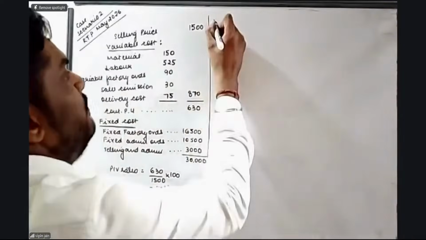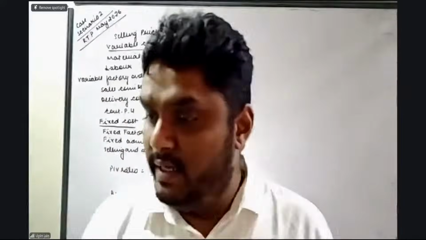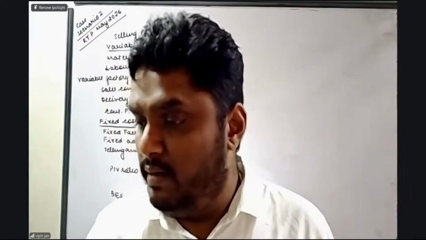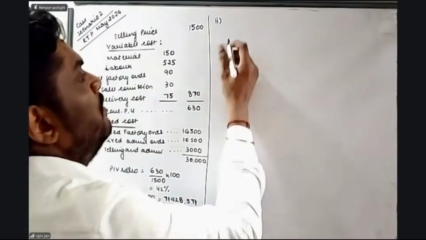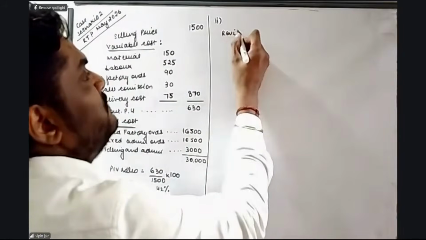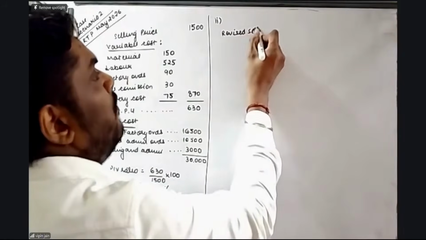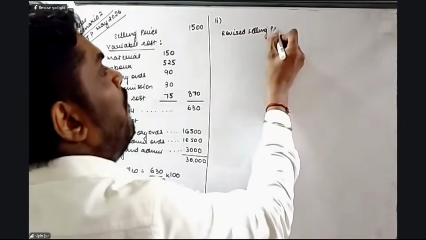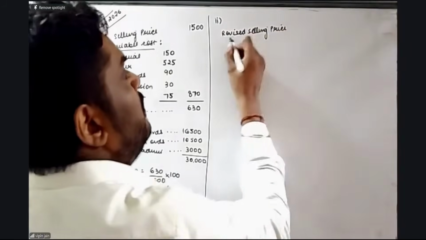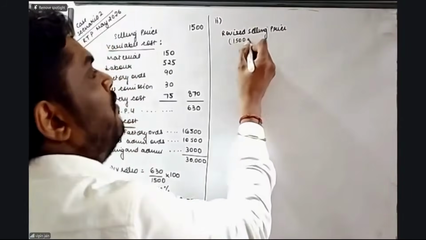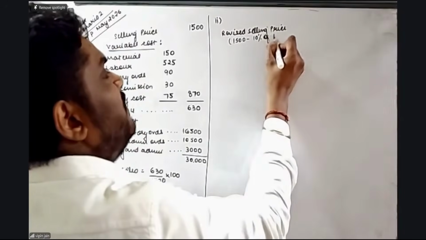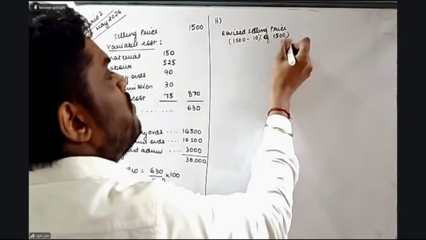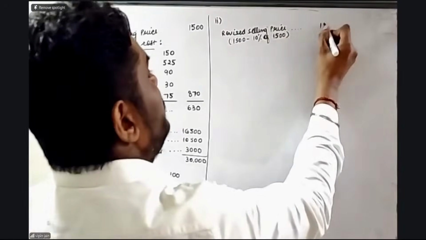So second point, I think it is second, right? Yes. So question number is second. So revised selling price will be how much? 1500 minus 10% of 1500. So that is 1350.